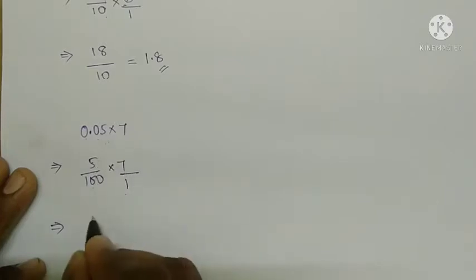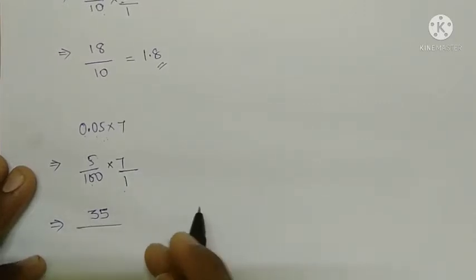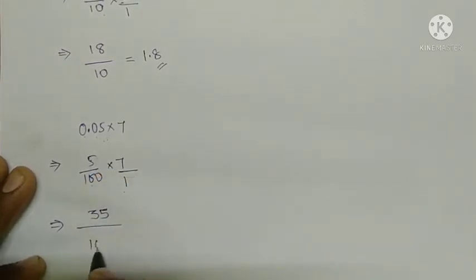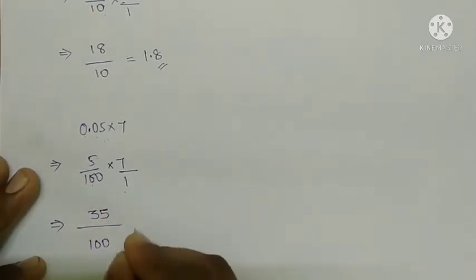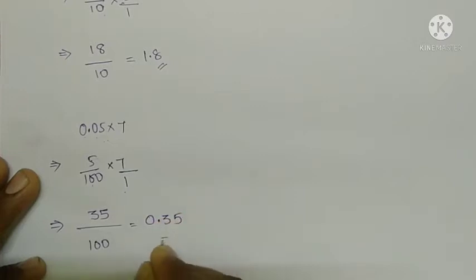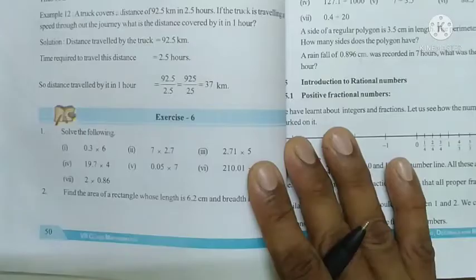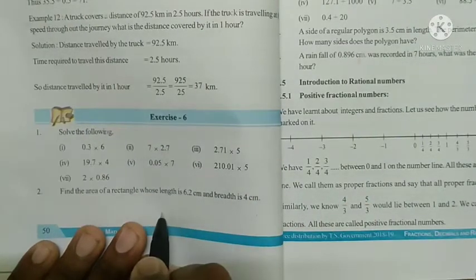So 5 7s are 35 by 100 1s are 100. 35 by 100 means 0.35 is your final result. Okay, my dear? Right. So in this first Roman, remaining questions as your homework.